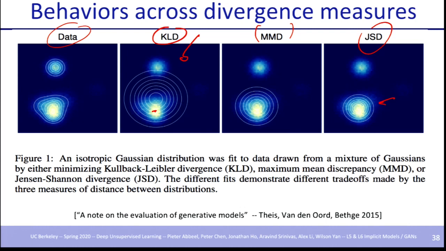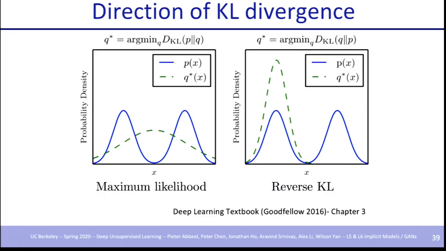Why is that happening? Well, it has these two terms. One of the terms is a lot like the maximum likelihood term, but the other term is actually a reverse KL, where the data and the generator are swapped. Let's say you have a real distribution that has two modes. Maximum likelihood will hopefully find this thing. That's the best scoring distribution you can have.